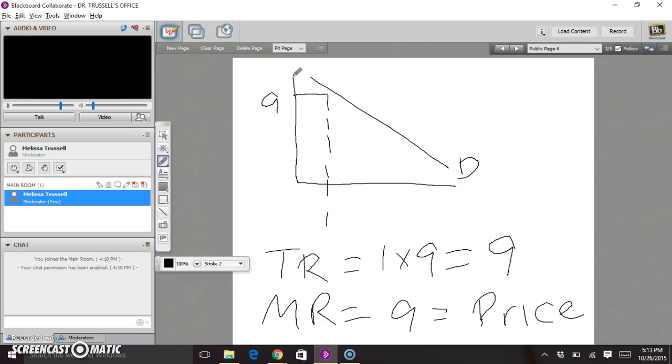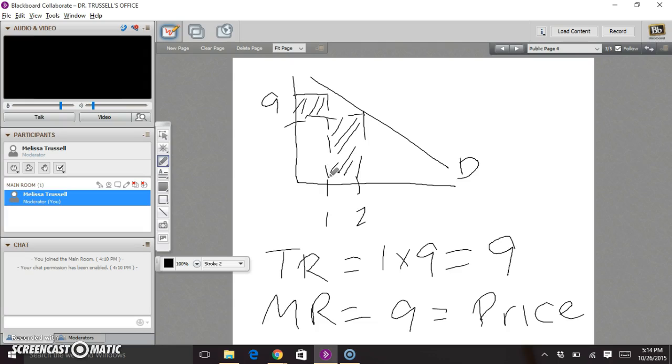Now, if you remember our explanation for why marginal revenue is always less than price, as you begin to sell 1 more, so say I sold 2 in this case, now I get into that situation that we talked about in part 1 of this explanation, where we have to subtract some of the revenue plus and add some of the revenue, so we end up with a revenue that's actually smaller than our price. So everywhere past that smallest amount we can sell, our marginal revenue is less than our price.